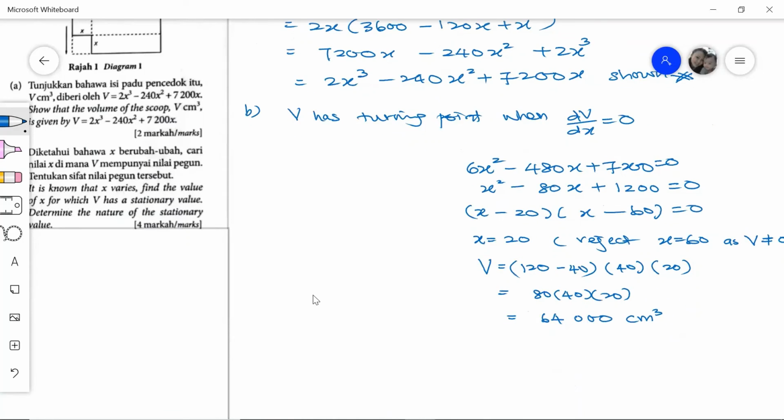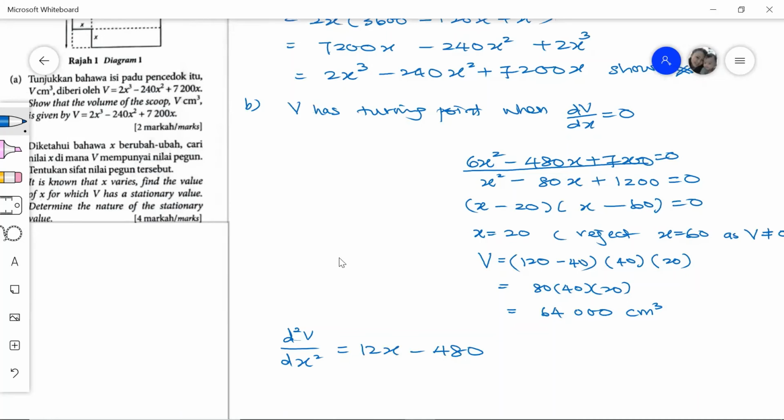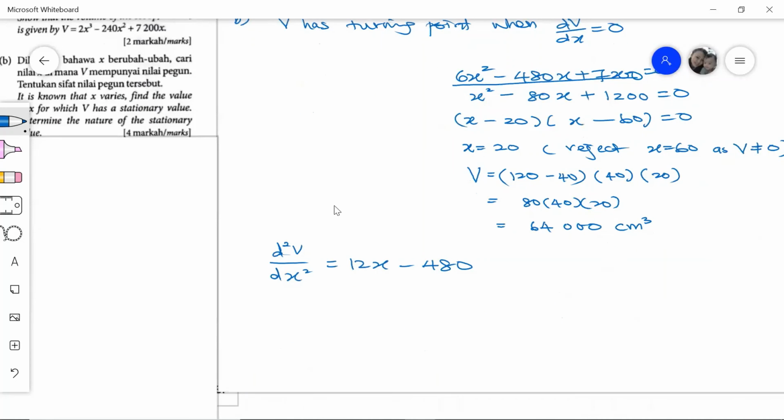So how do we determine it? We have to differentiate V one more time, d squared V by dx squared. When this is the first derivative, we continue to differentiate it. That is 12x minus 480. Let's check: when x equals 20, our second derivative equals 12 times 20, which is 240, minus 480.